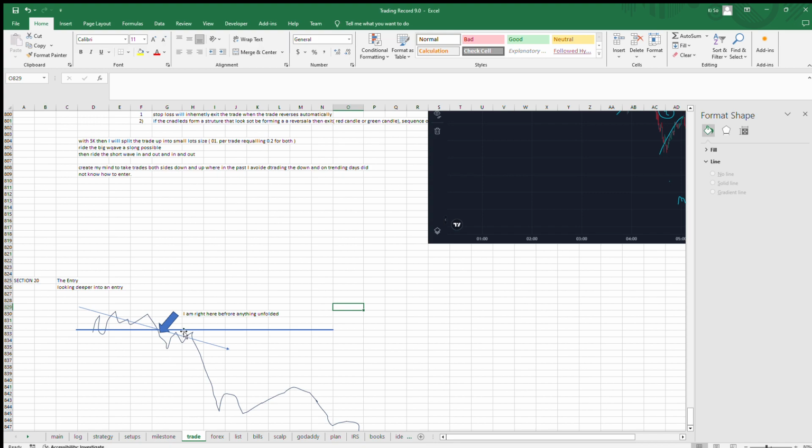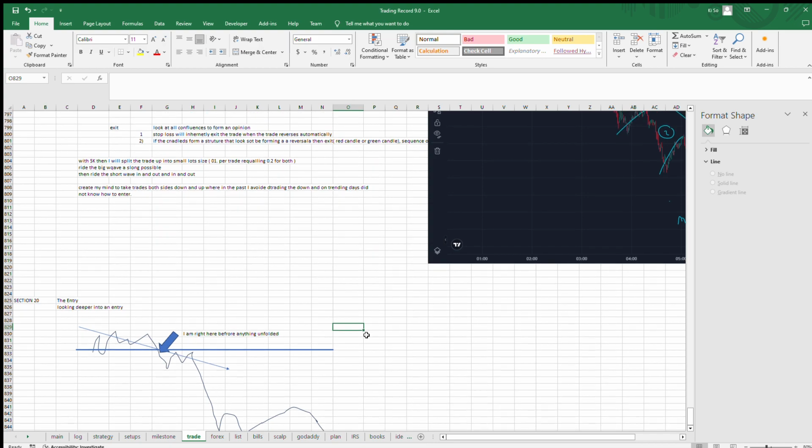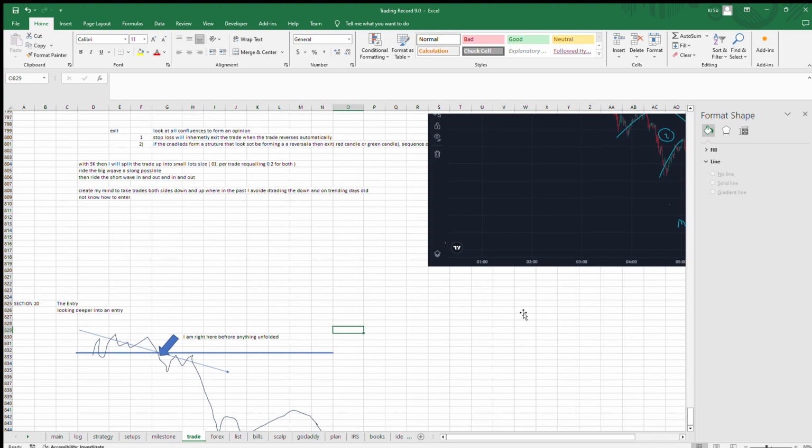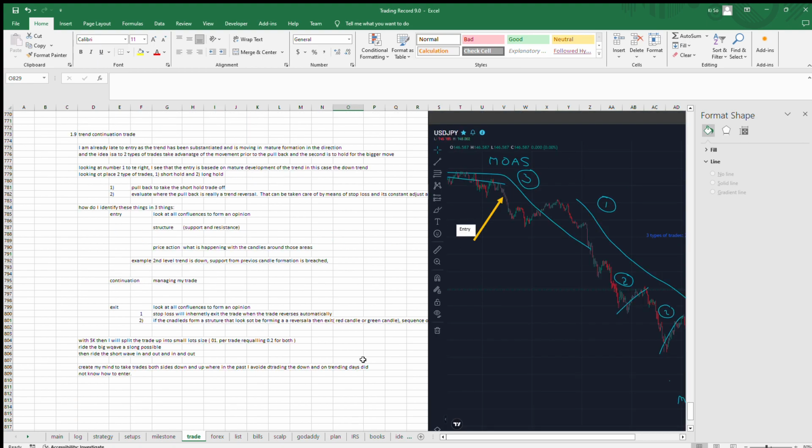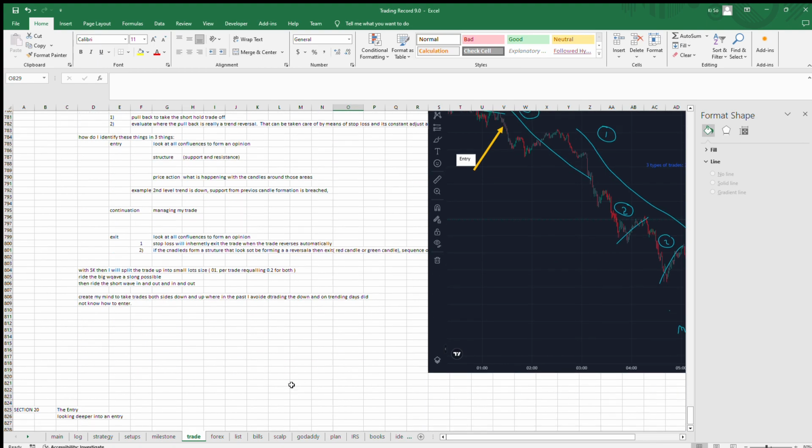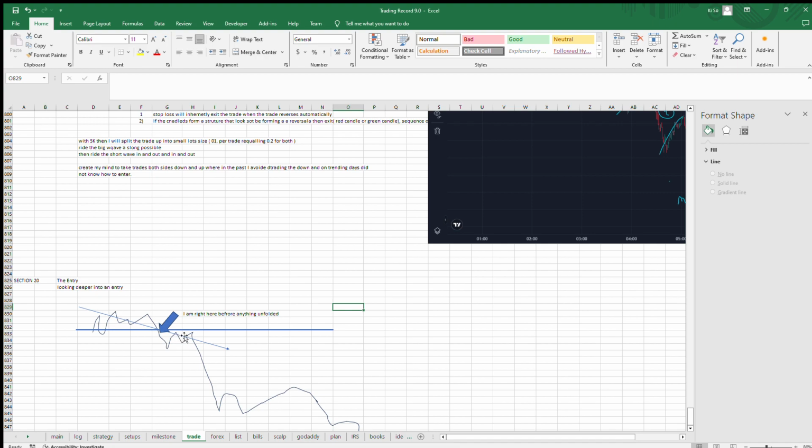It may be too early to take this trade. But if I look here, it's 1, 2. That looks like a double top, doesn't it? Double top right there.